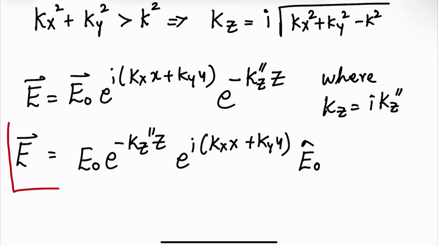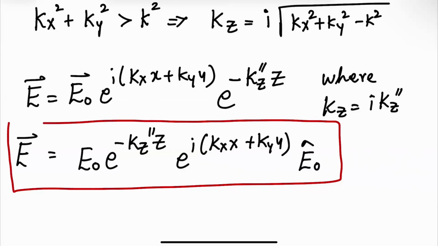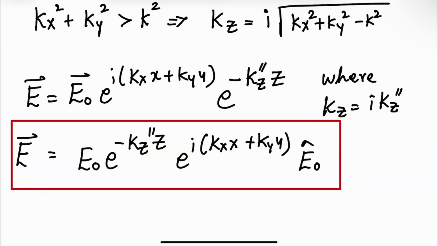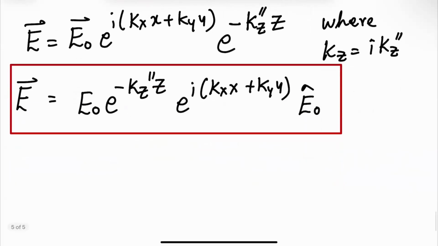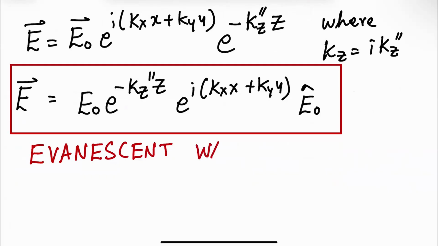So let me box this. These waves are called evanescent waves. Evanescent means something that's short-lived. They're evanescent because they exponentially decay in the z direction.